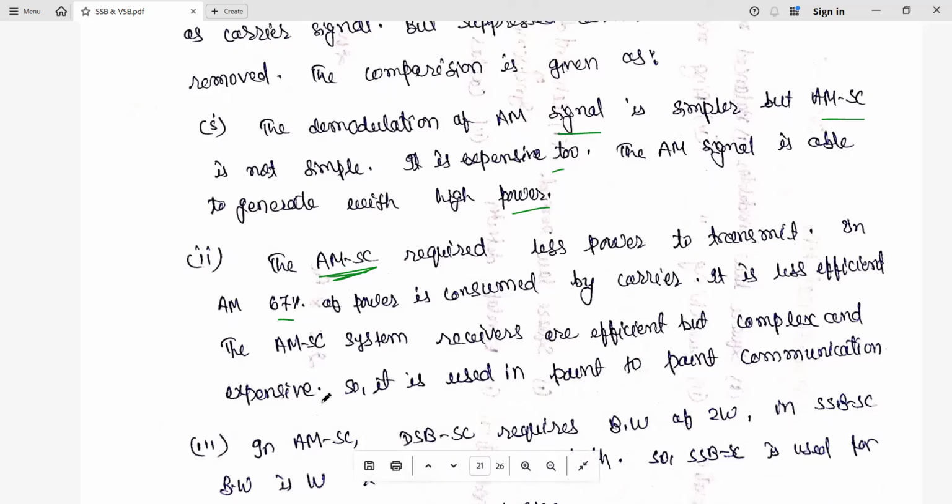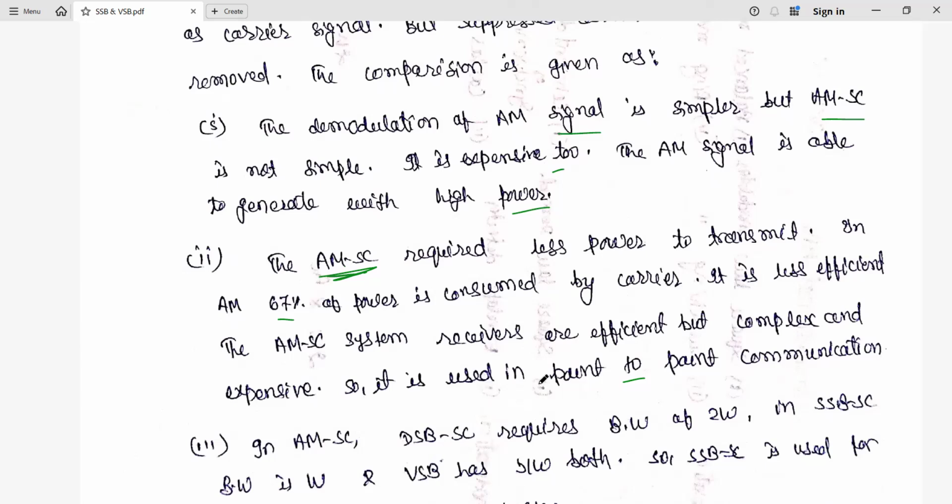So it is less efficient. Now in AM-SC systems, receivers are efficient but complex and expensive. When designing all suppressed carrier systems, the devices are a little complex and costly, and they are used only for point-to-point communications.